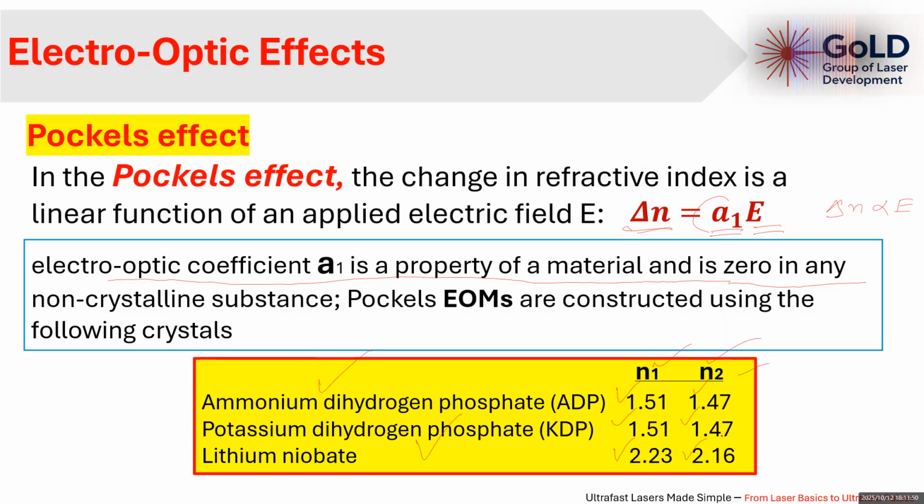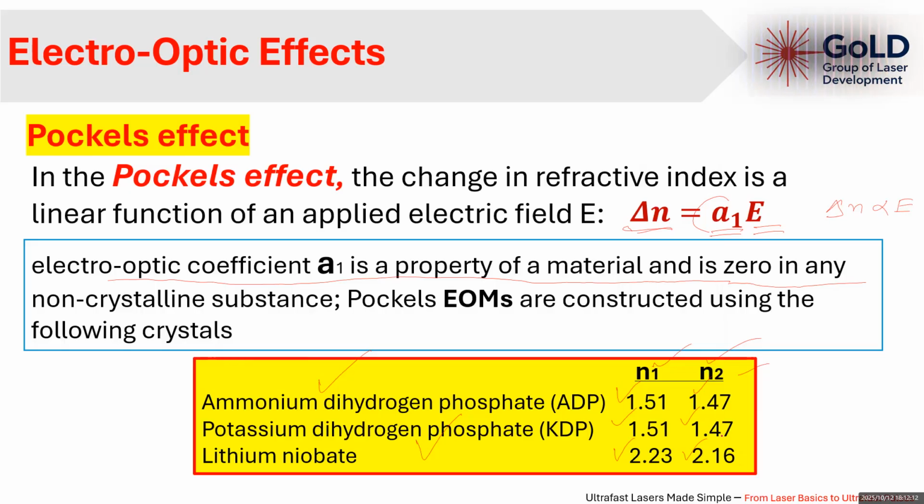It's a prominent difference, and with more difference you can separate both light polarizations. So these are the common materials which are used, and they exhibit birefringence properties.